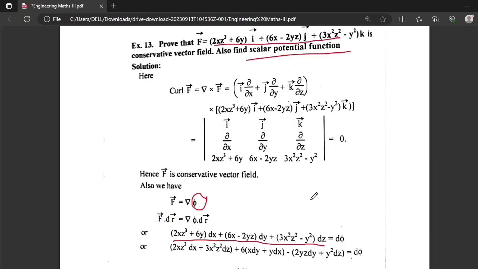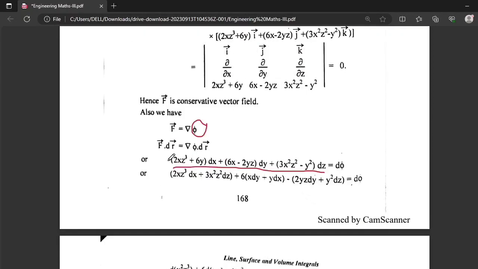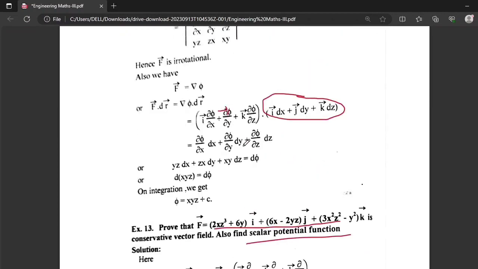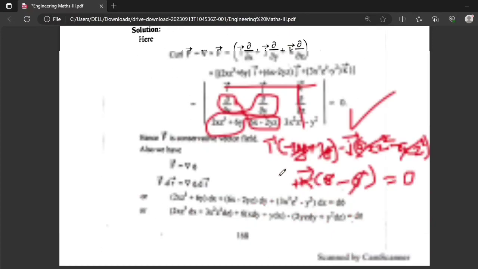Taking the dot product, we get this, and grad φ · dr is simply dφ, as from the previous question.